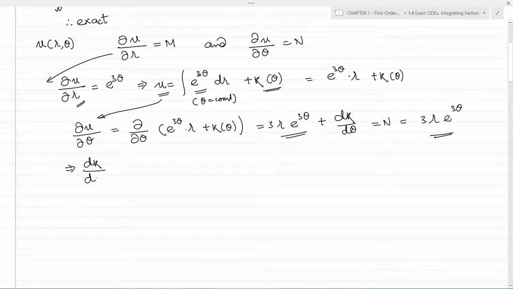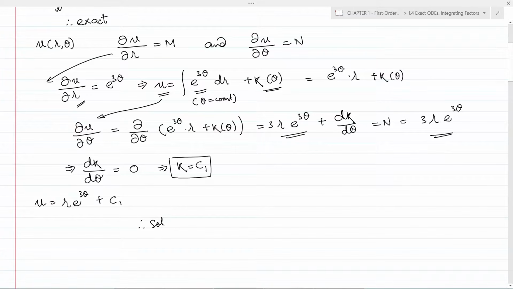From here we obtain dk by d theta equal to 0, which implies k equal to a constant c1. This value of k we can replace in this provisional equation of u, and we obtain u equal to r e to the power 3 theta plus c1, and we have the equation of the solution.